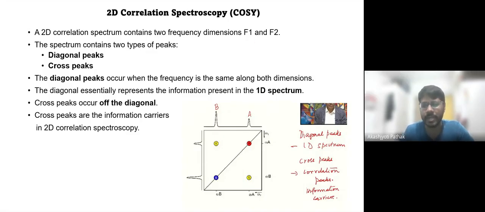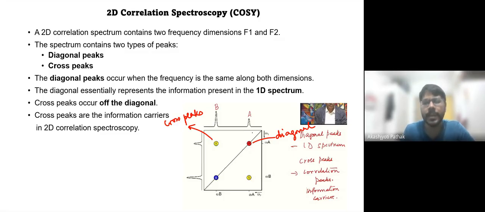One is the diagonal peak. You can see here in this figure as well, these are your diagonal peaks, and these are your cross peaks. So we get two types of peaks in the case of a COSY experiment: the diagonal peaks and the cross peaks.